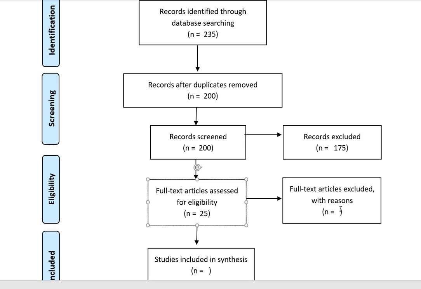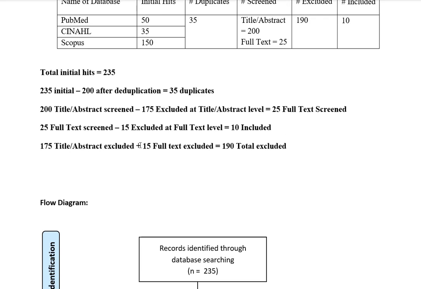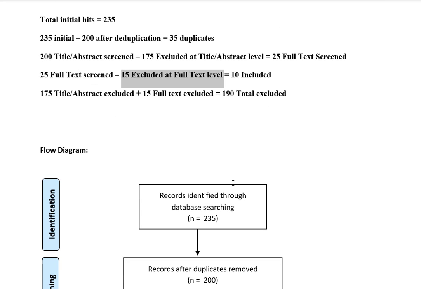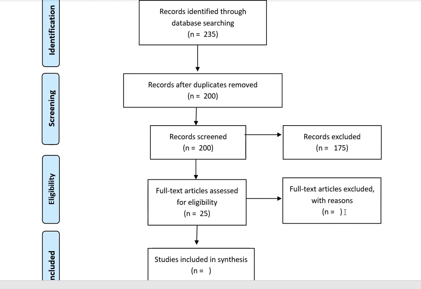It's really important to record this number, full text articles excluded with reasons. So back up here, we saw that we excluded 15 full text articles. So we read through 25, we said 15 do not meet our inclusion criteria. So we put 15. But here you'll note it says with reasons.